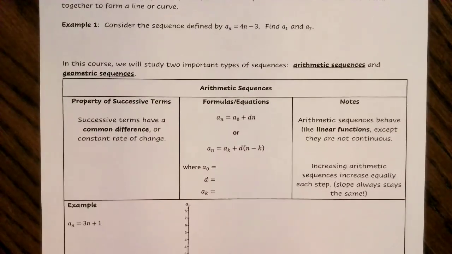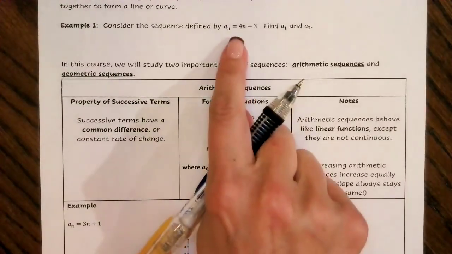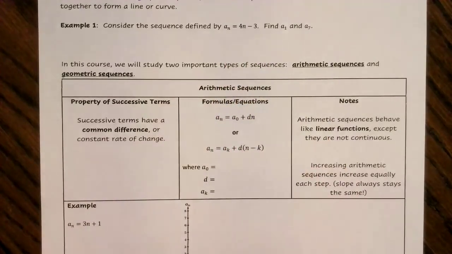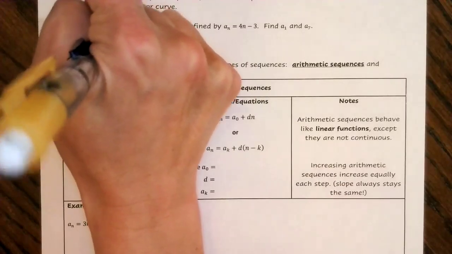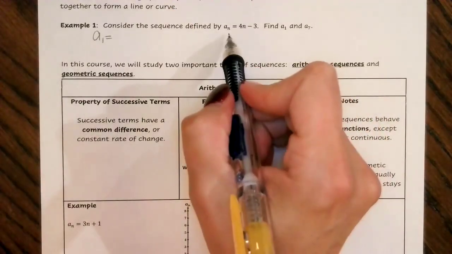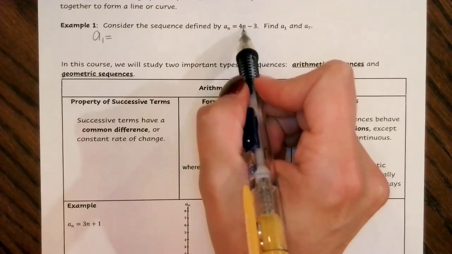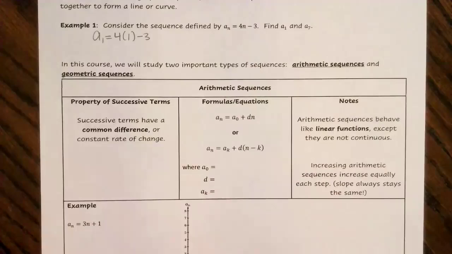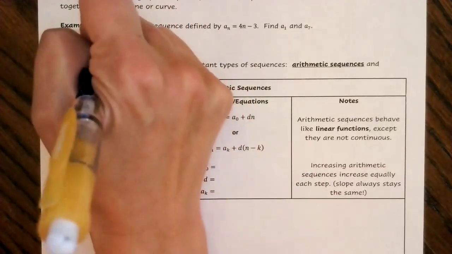All right, so we'll start easy and look at a sequence right here. a sub n equals 4n minus 3, and it wants us to find a sub 1 and a sub 7. So to find a sub 1, we take that 1 is in the place of n there, so we want to replace the n here for it. So we get 4 times 1 minus 3. So a sub 1 is equal to 1.